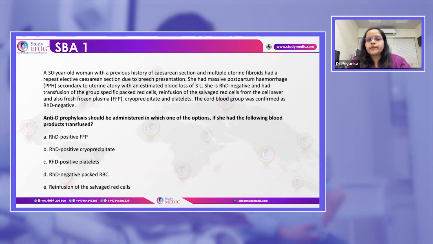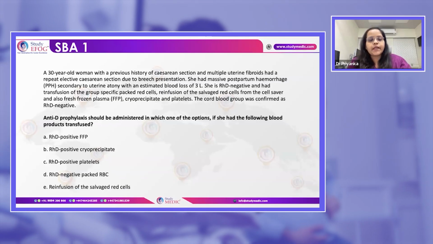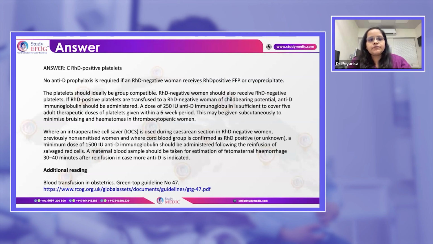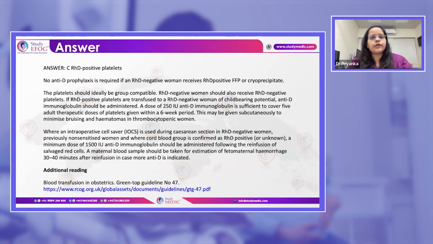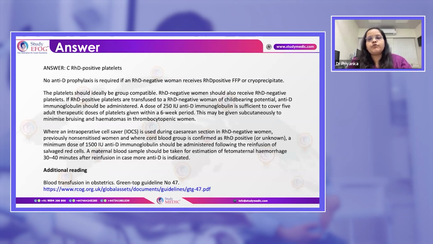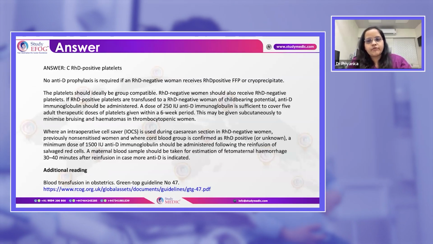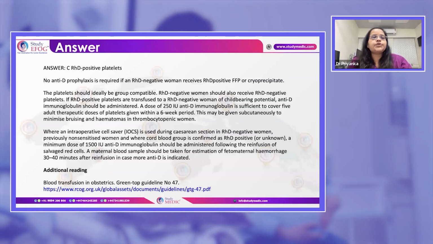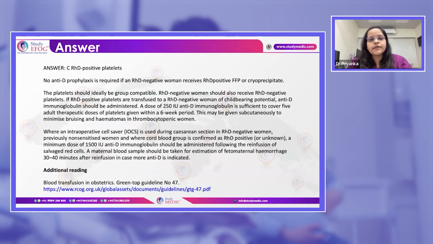We know that fresh frozen plasma and cryoprecipitate may not be group compatible, and they can be given. So no anti-D prophylaxis is required if the woman receives RH positive FFP or cryoprecipitate. For platelets, they should be group specific. That's why the answer here is RH positive platelets.